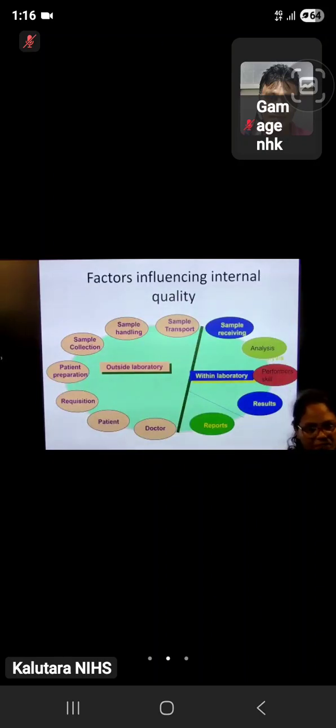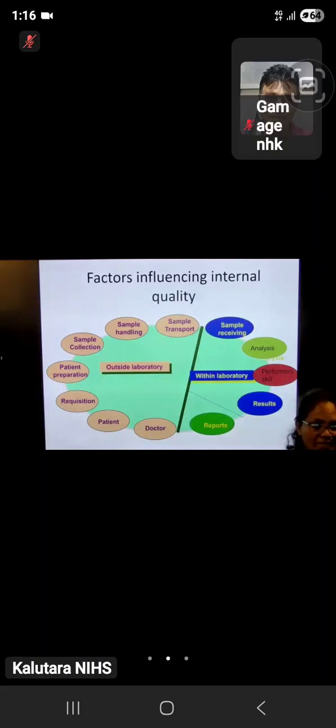As an example, regarding blood cultures and CSF, if these samples are transported with ice, what will happen? Cold sensitive organisms may die. So that severely affects the quality of your final report, isn't it? That is a very important point.